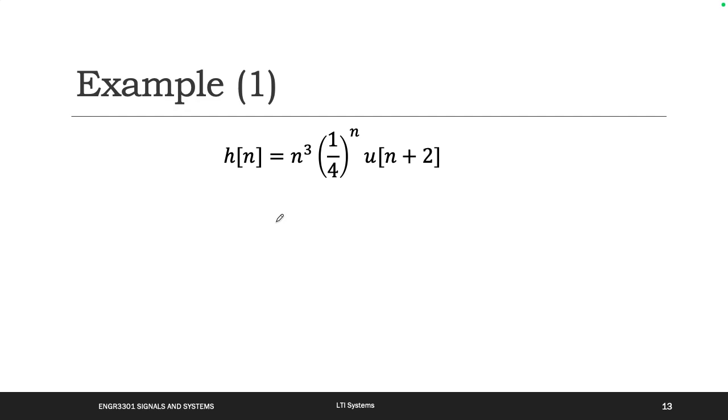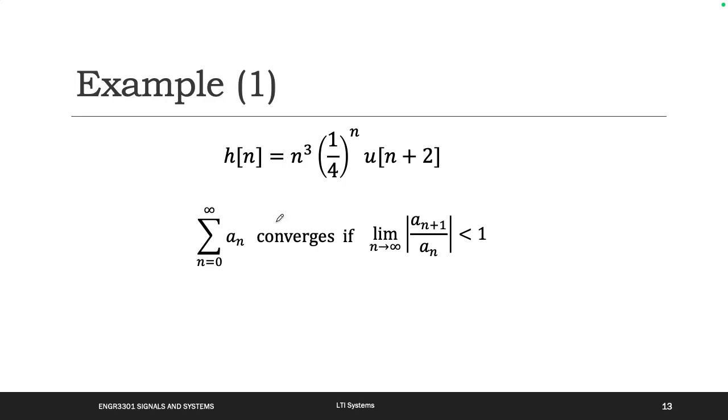And let's check if it is stable or not stable, which means you need to check whether the sum of the absolute value of h[n], from negative to positive infinity, is smaller than infinity or not, am I right? So let's check. This converges if the limit is smaller than 1.